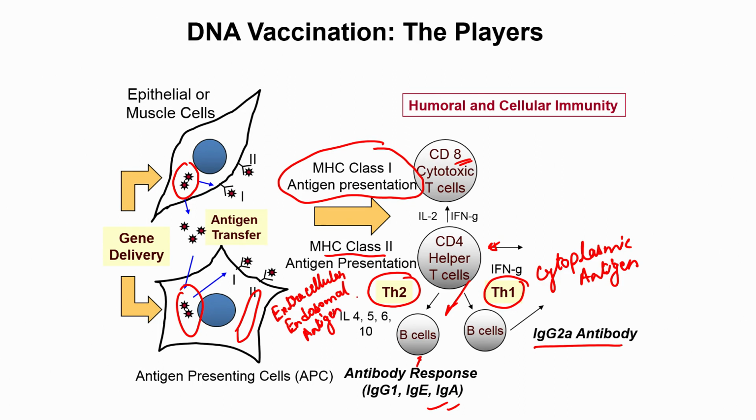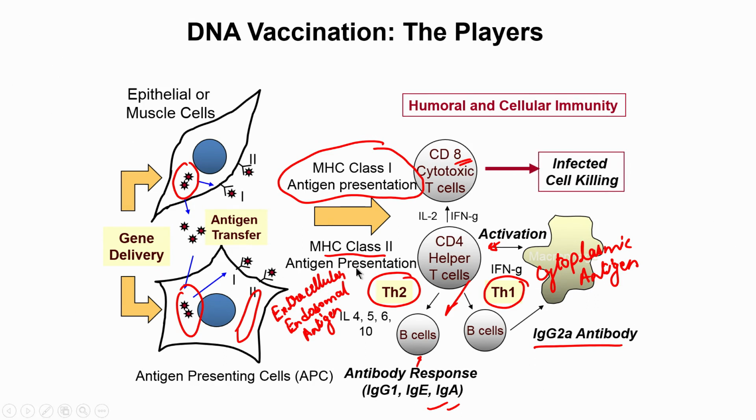Depending on all this, you will get different types of response, and basically you will need the activation of your immune cells. The CD8 will directly kill the infected cell. So, if it is more cytoplasmic, this is where it will go, and it leads to the death of the cell.